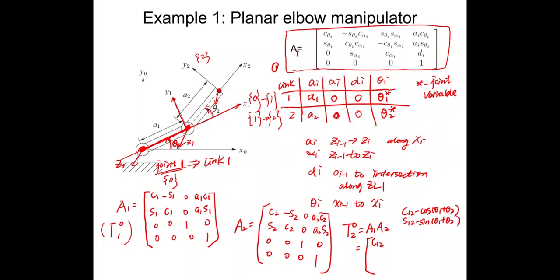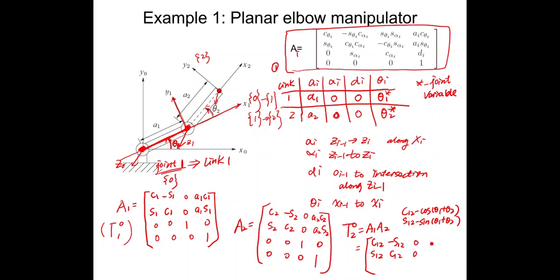After these two matrix multiplications, here I have cosine theta 1 plus theta 2, and this is negative sine theta 1 plus theta 2, and this is sine theta 1 plus theta 2, and this term is cosine theta 1 plus theta 2, and this term is 0, and this term is 0.